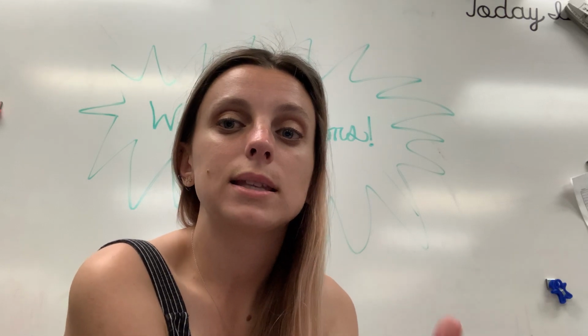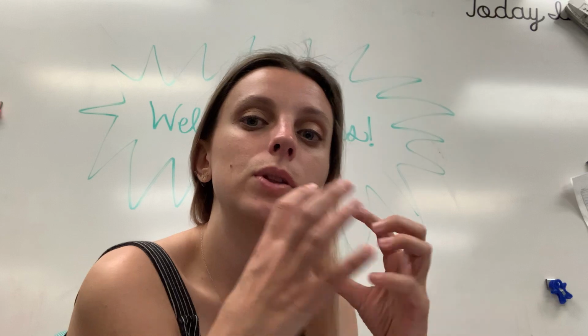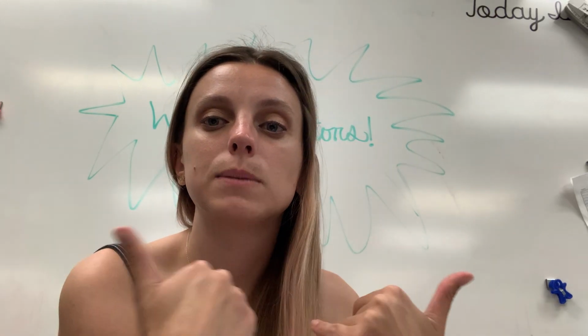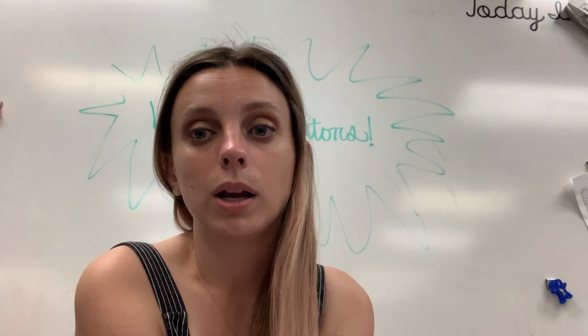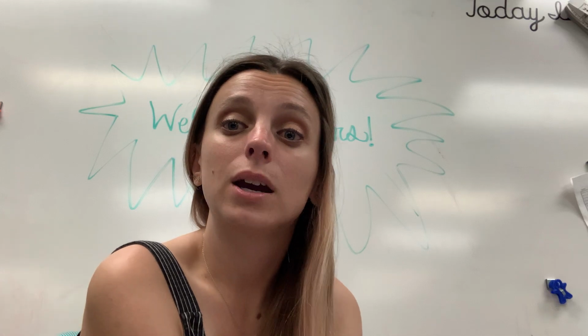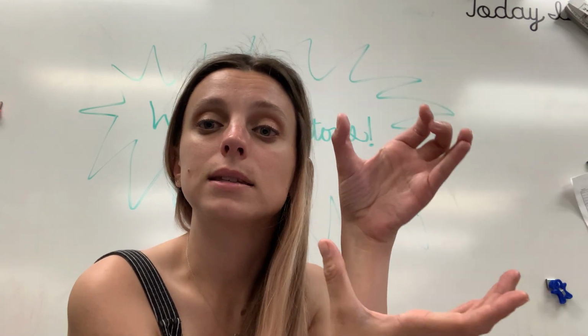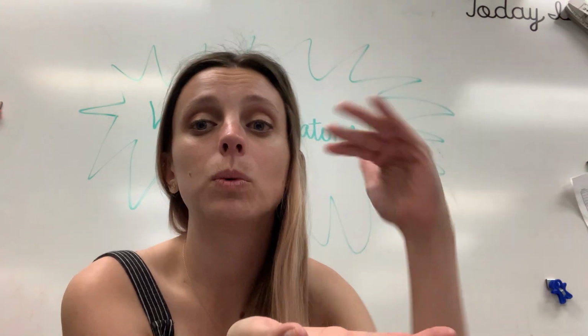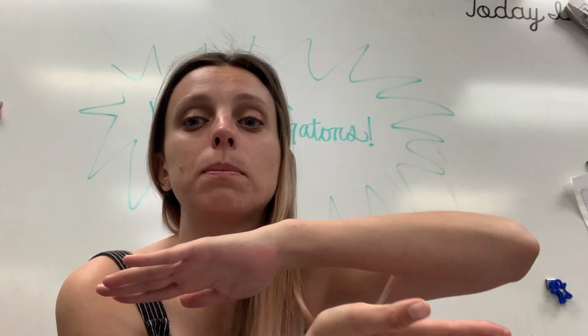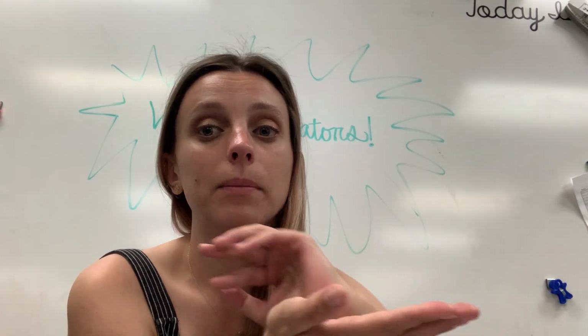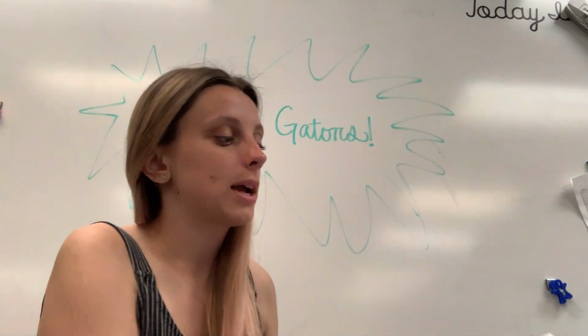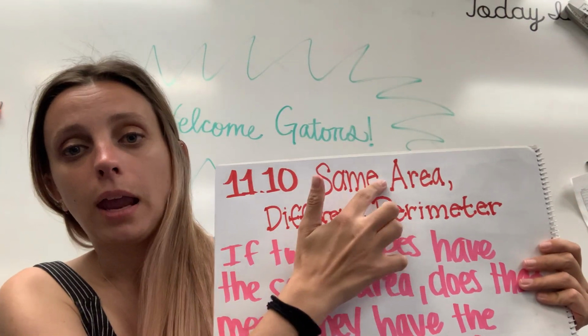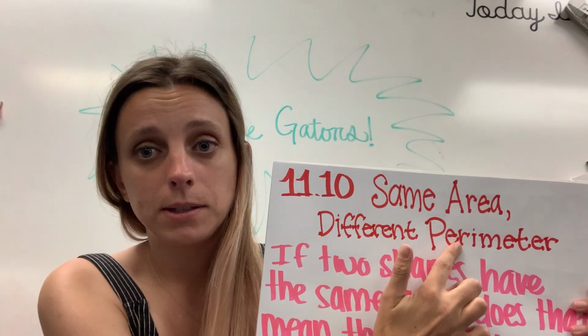But if that width gets larger, less of those unit squares have their sides exposed to be counted in the perimeter. So the area can get bigger if the shape is wider. An area will get smaller if that shape is squatter. All right? Today we're going to look at some rectangles that have the same area but different perimeters.